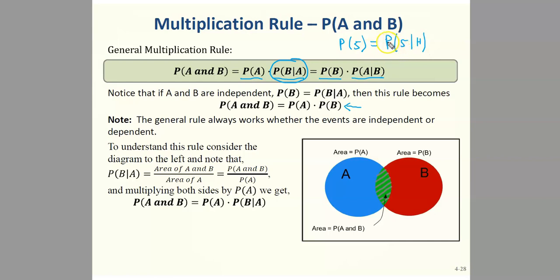Flipping the coin and rolling the die, the coin flip has no bearing on what occurs when you roll the die. So in the previous example, we were actually using the special rule for multiplication. But we used this one anyway, and it all worked out just fine because the probability of a 5 is the same as the probability of a 5 given heads. Now we're going to take a look at a few more examples.